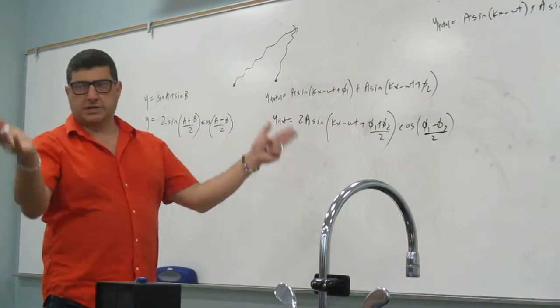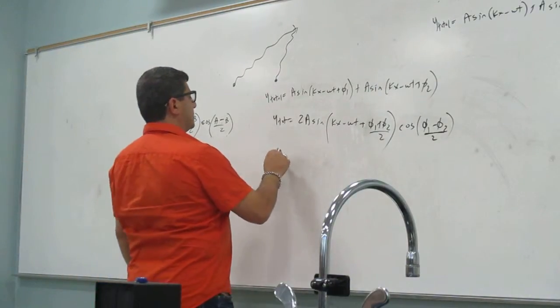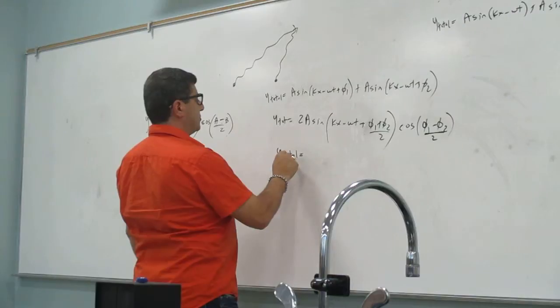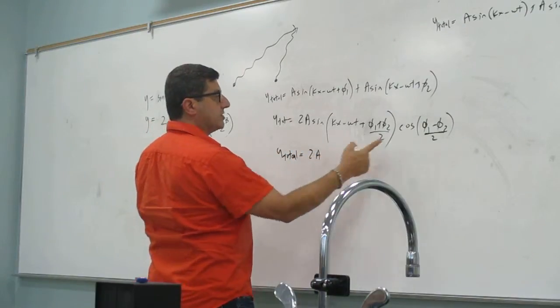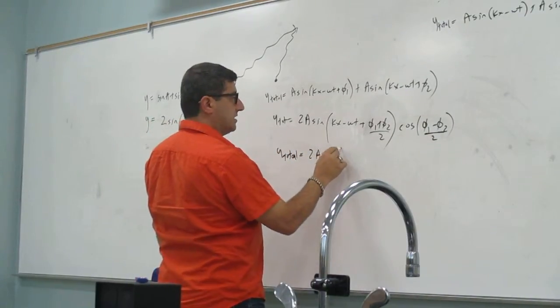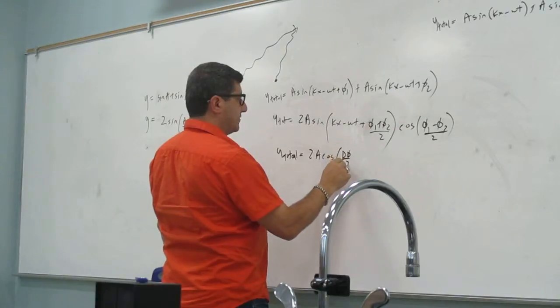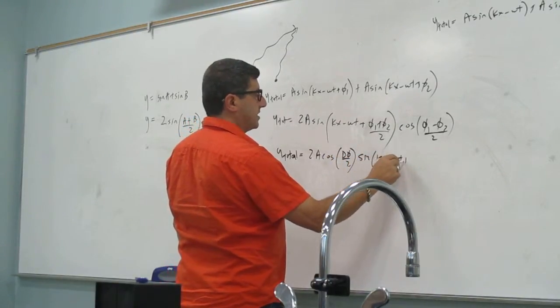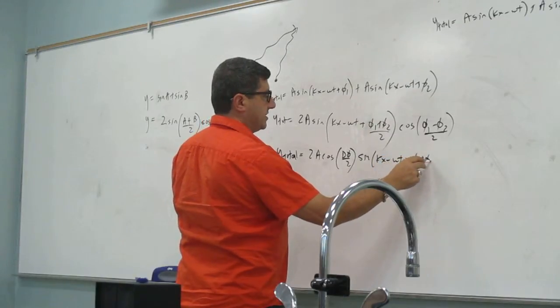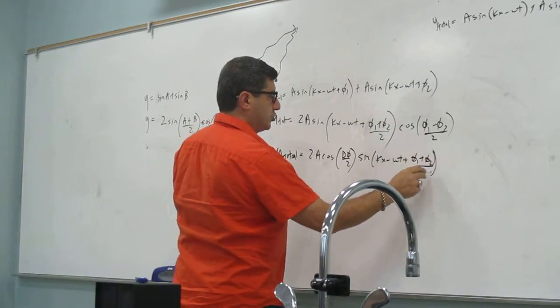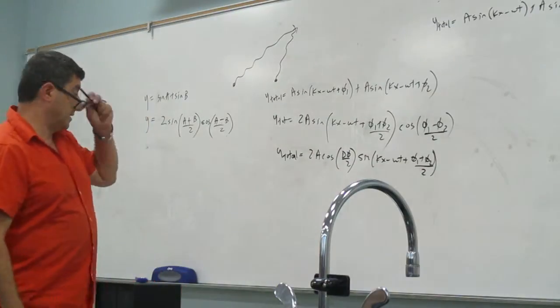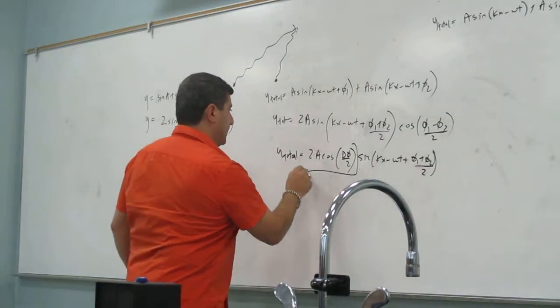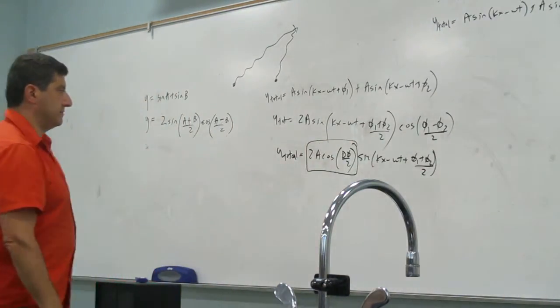Then the whole day we talked about what that means. We focused the rest of the time on 2A. So this is cosine of delta phi over 2 times sine of kx minus omega t plus phi 1 plus phi 2 over 2. We talked about how this is the net amplitude of the wave.